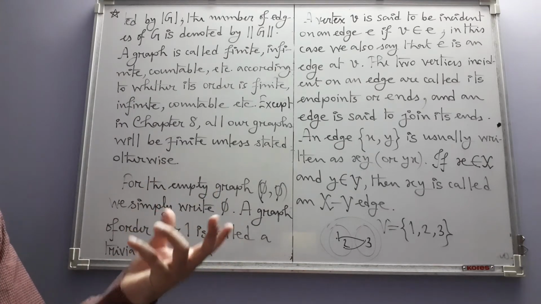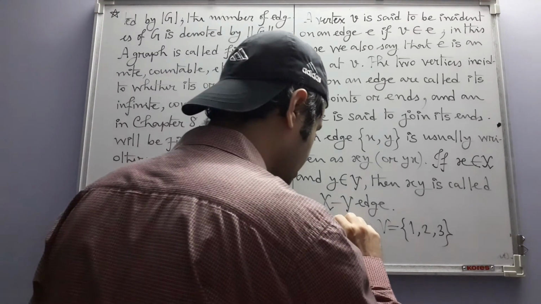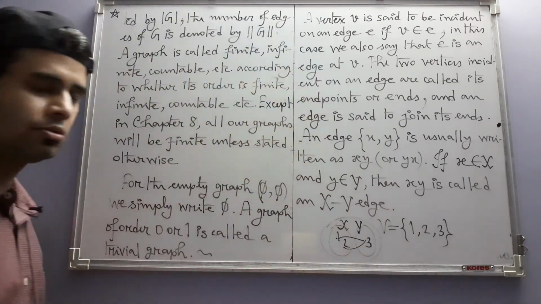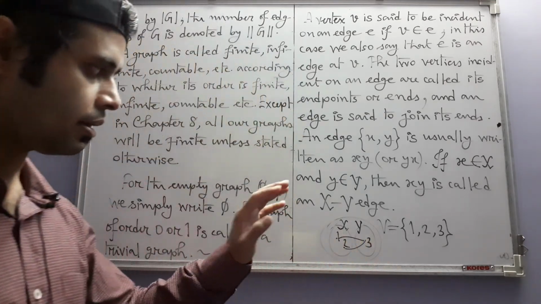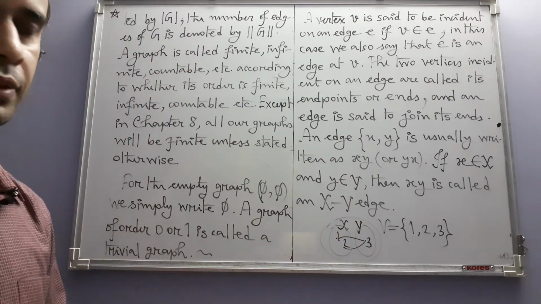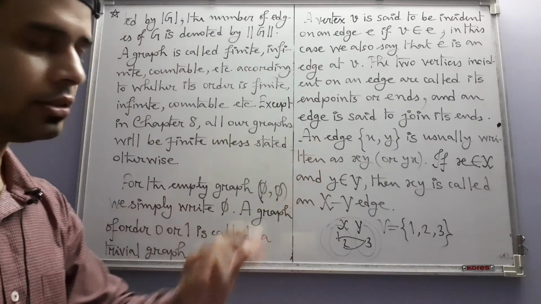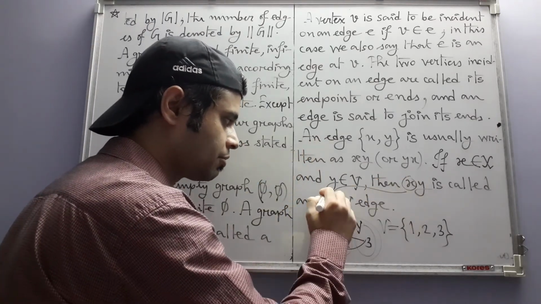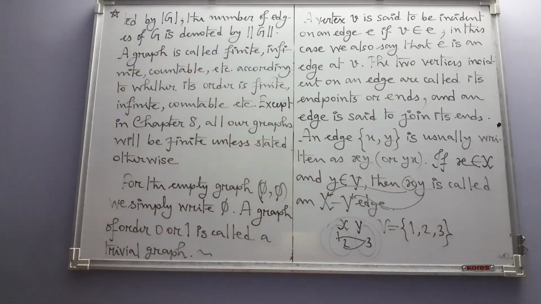Then if this set is called X and this set is called Y, then the edge 1, 3 is an xy edge, and so is the edge 2, 3. When you say that xy is an xy edge, it means that this end vertex is coming from this set and this end vertex is coming from this set.